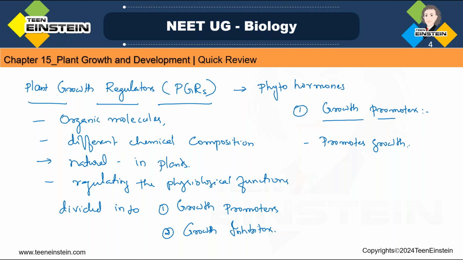It is moving from one stage to another stage, so it is showing growth. So these are the chemicals which perform growth promoting functions. Okay, and what are growth inhibitors? The second type is growth inhibitors, we said.